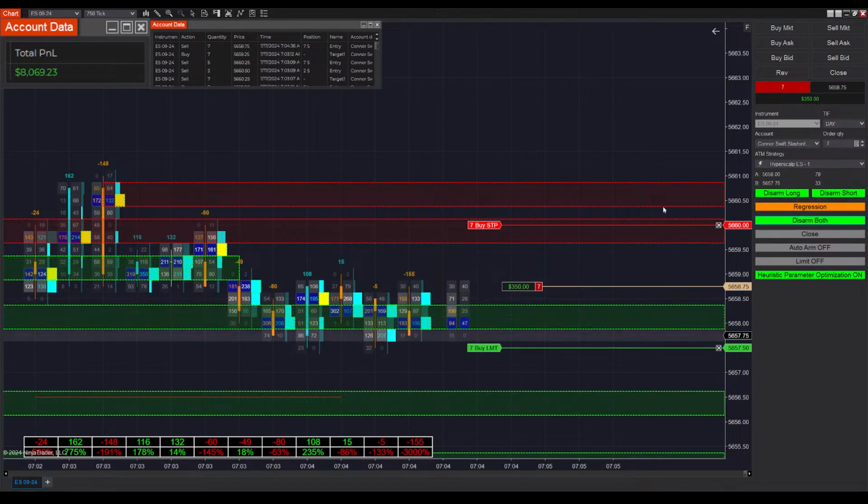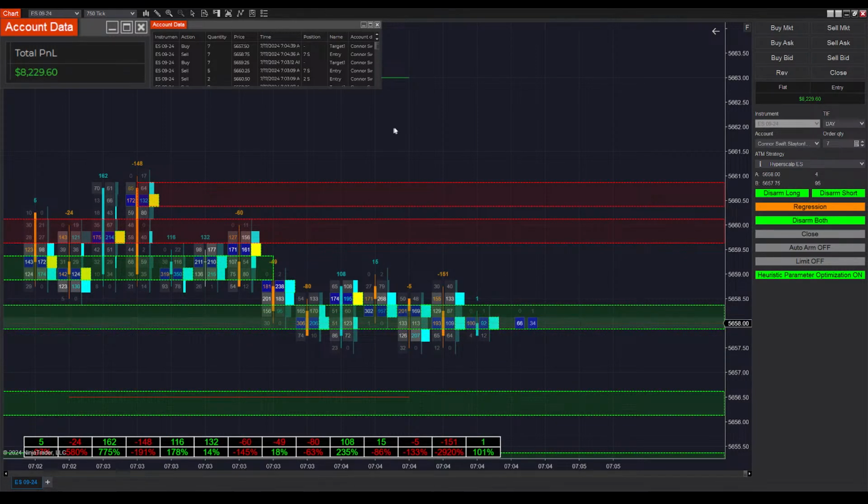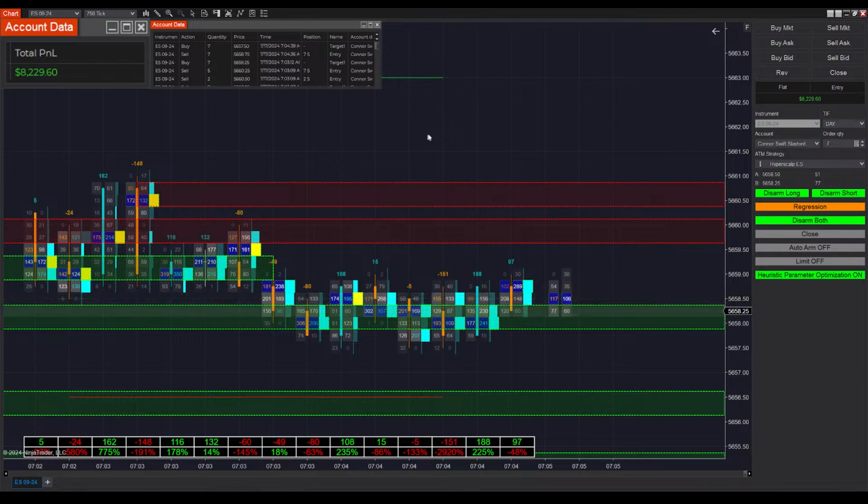Just got filled into a short position here. End up winning that one, up to $8,200 on the day now. We may end up going for 10 today. We'll see. Not certain at this point.